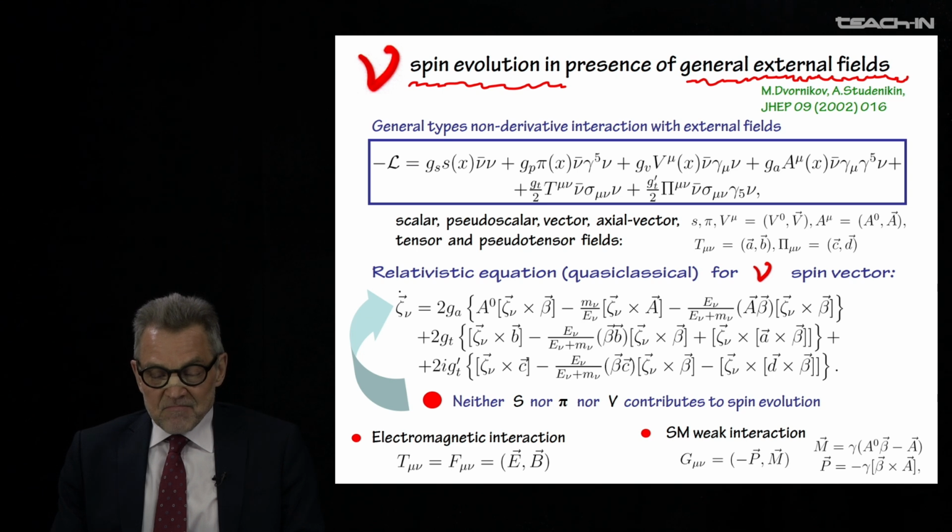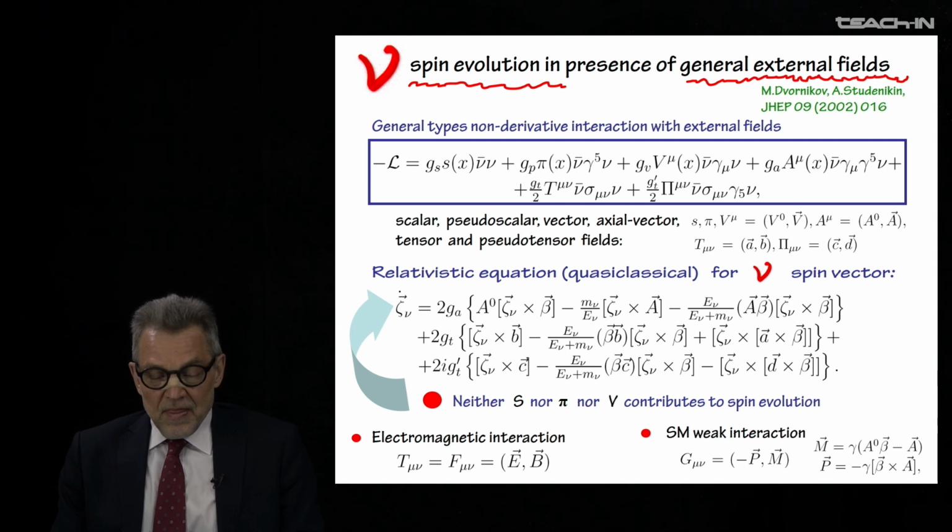That was the starting point, but then together with my colleague Maxim Dvornikov, we carried out quite a general investigation of neutrino spin evolution in the presence of a general type of external fields. We start with a general Lagrangian that accounts for different types of non-derivative interaction of neutrinos with external fields. The first term stands for the scalar interaction of neutrinos with scalars. Then gamma 5 appears here, which is a pseudoscalar interaction.